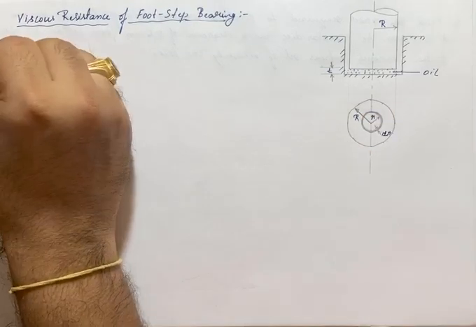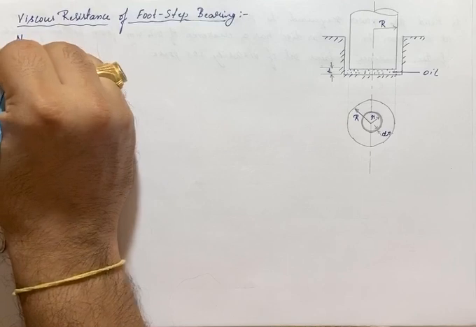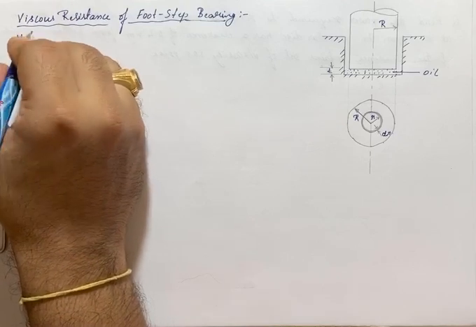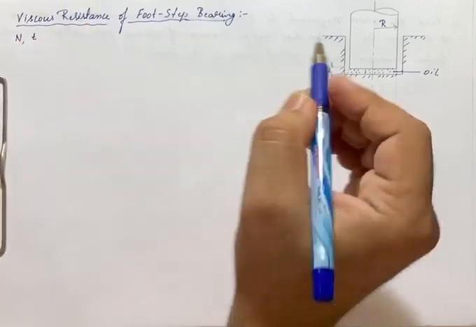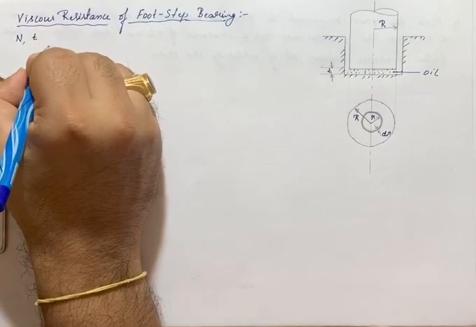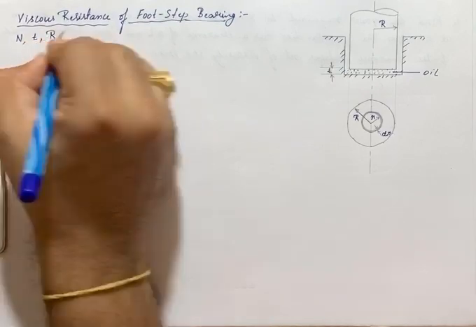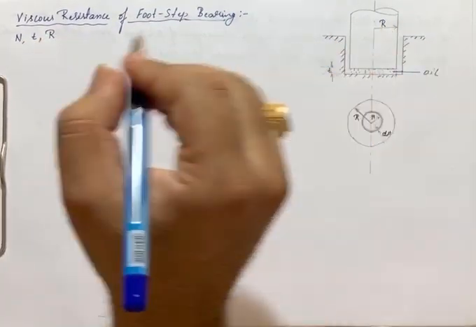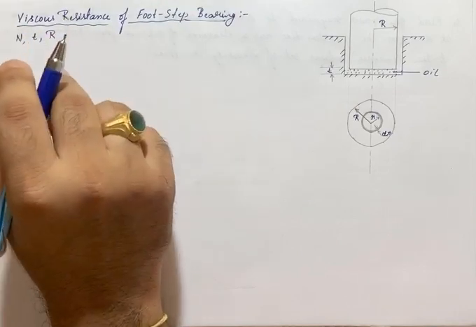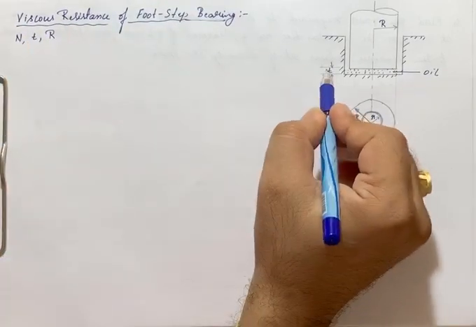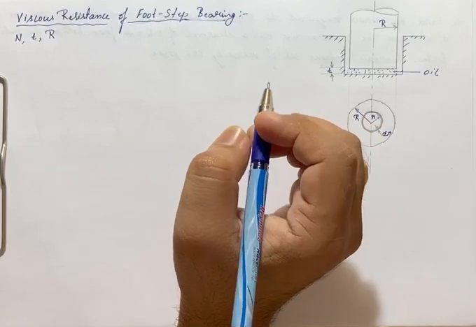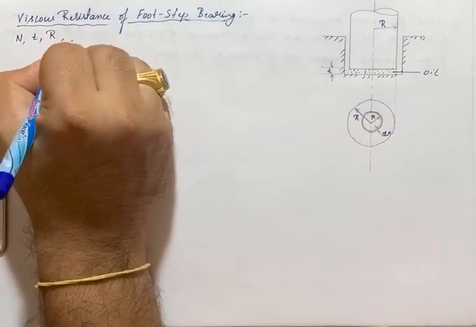Now, we shall consider capital N as the speed of the shaft, and capital R is the radius of the shaft. T is the thickness of the oil film here. Now, what is the elemental area?